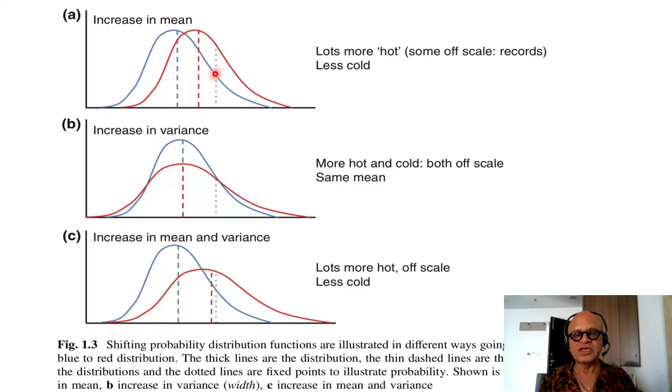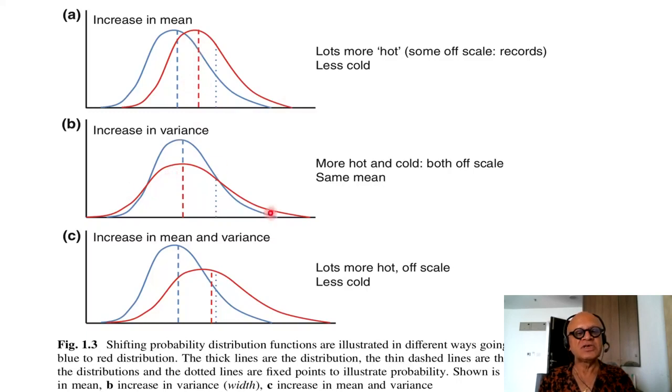Here the tail gets shifted as well, so you'll end up with lots more hot and some off-the-scale records and fewer cold temperatures. You have moved away from the colder end of the scale towards the warmer end, and the warmer end to a much warmer tail of rare events, and the mean itself has shifted.